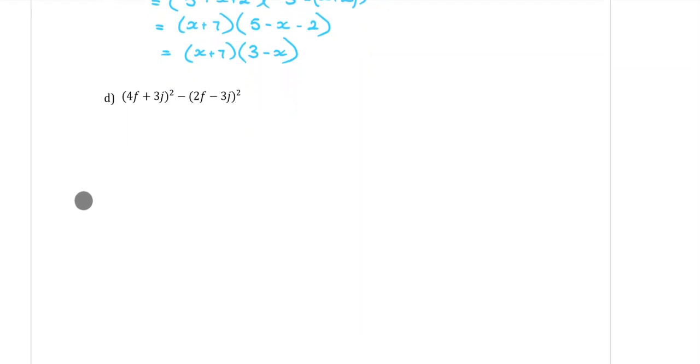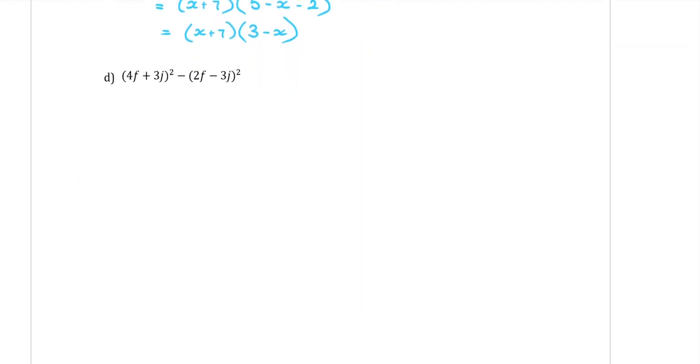Okay, last question, D. This is also a difference of two squares, because we have something squared minus something else squared. So this is going to go into two very large brackets because there's lots of terms in here. So when I square root the first one, I have 4f plus 3j. That will be at the front of each bracket.